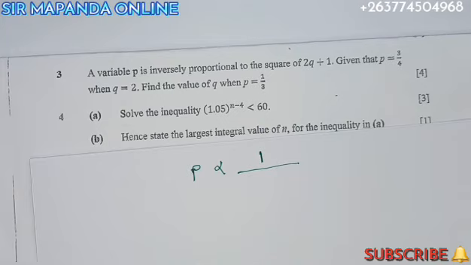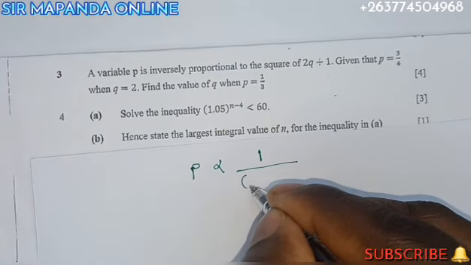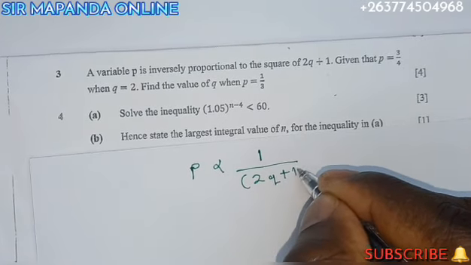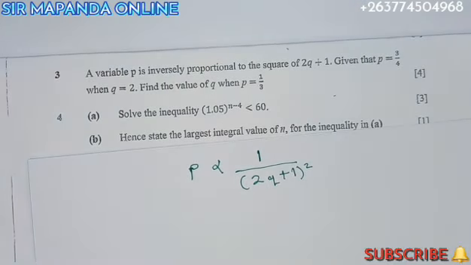So they are saying inversely to the square of 2q plus 1. Square is different from square root. So square, you just write 2q plus 1, then you raise 2q plus 1 with power 2. I hope you are following. So when attacking variation, you come to a stage where the variation sign has to be replaced by an equal sign.